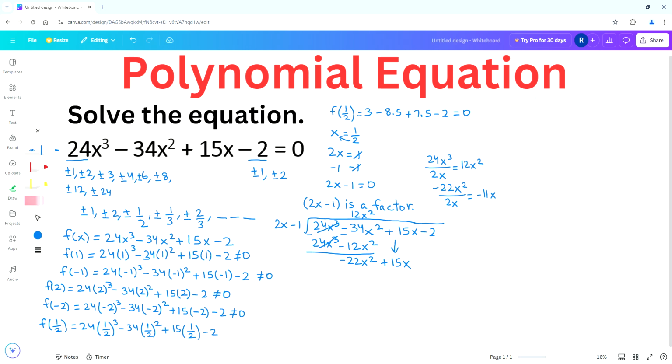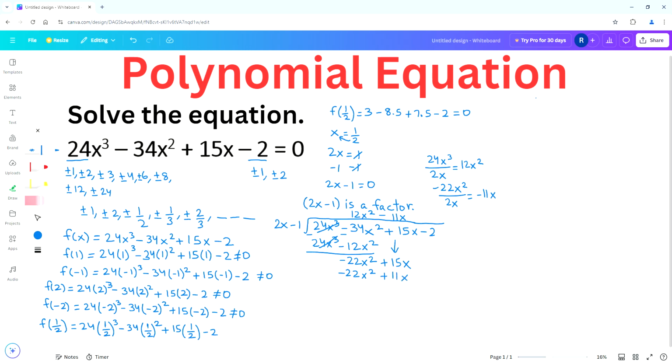That's the second term in the quotient. Next, we should multiply the divisor 2x minus 1 by negative 11x. I get negative 22x squared plus 11x.